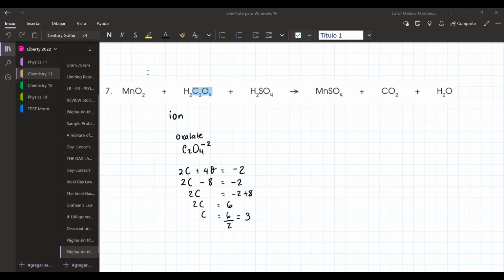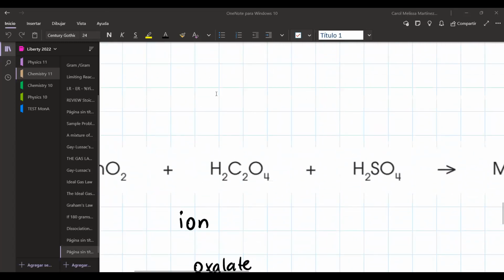If you want to do it mentally, it's also very simple. Take a look. You have the rule of oxygen giving you -8. The rule of hydrogen giving you 2. So you say 8 minus 2, which is equal to 6.